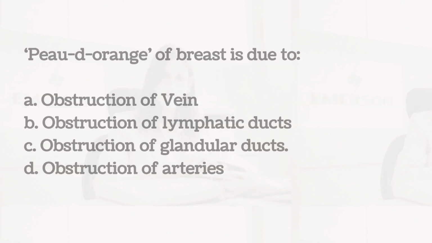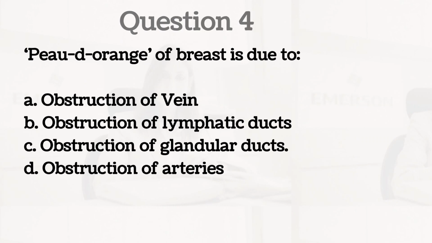Question 4 is also on peau d'orange. It is saying the peau d'orange of breast is due to: A. Obstruction of vein, B. Obstruction of lymphatic ducts, C. Obstruction of glandular ducts, D. Obstruction of arteries.